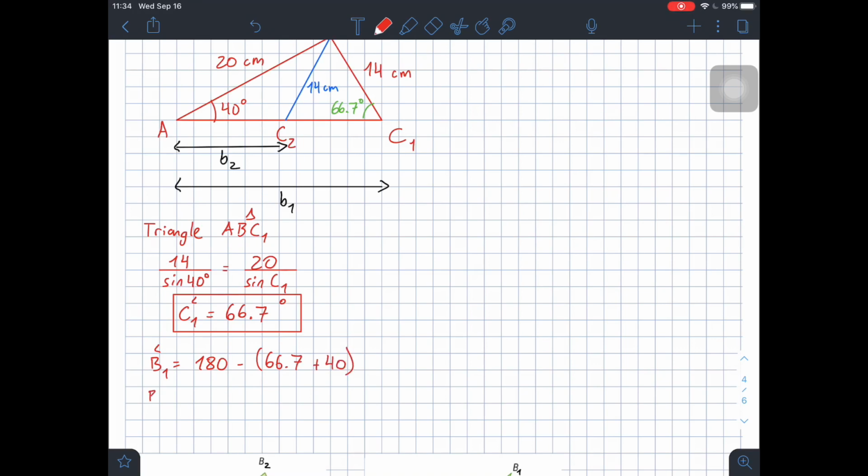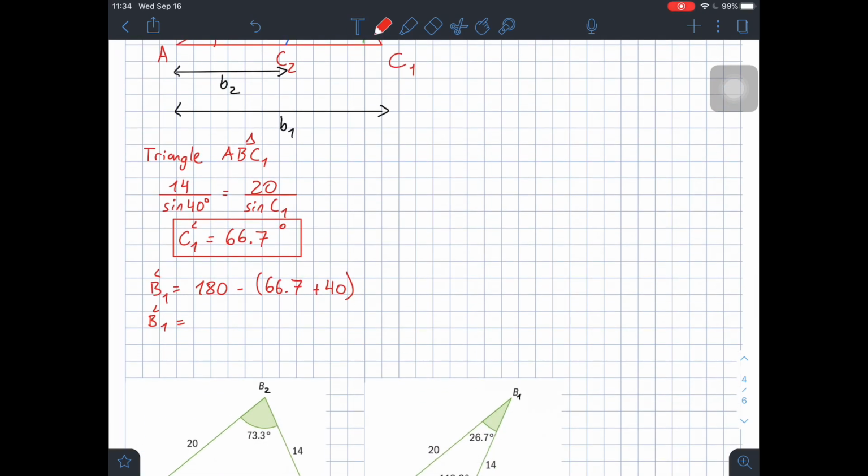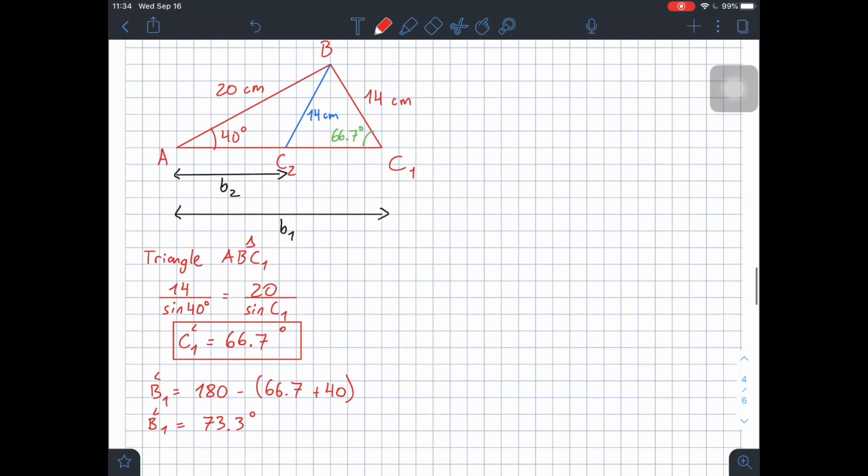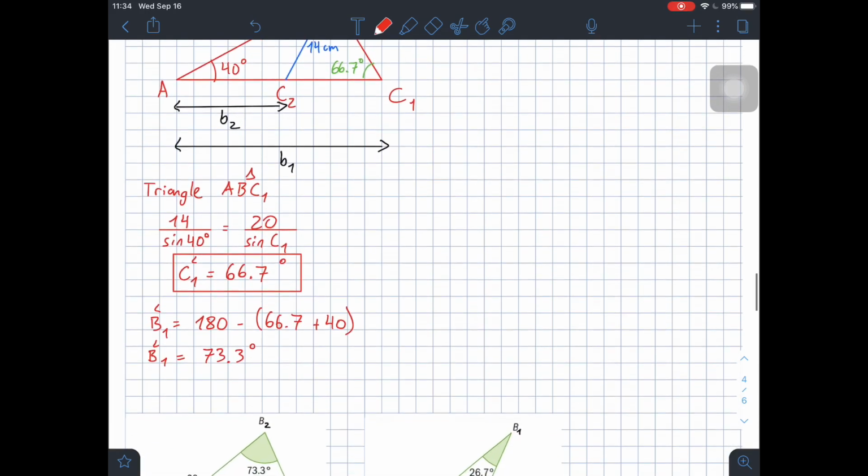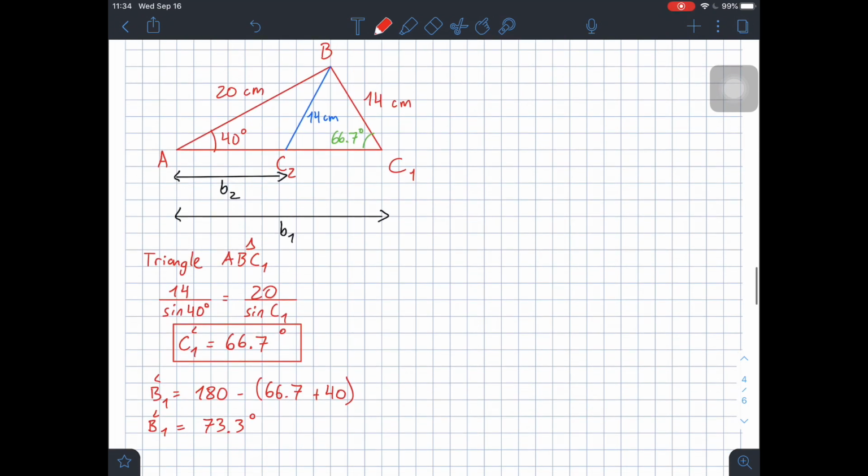So here we're going to get angle B1, which would be equal to, if we solve this in a calculator, 73.3 degrees. Okay, so finally, I'm only missing side B1 to solve this triangle.